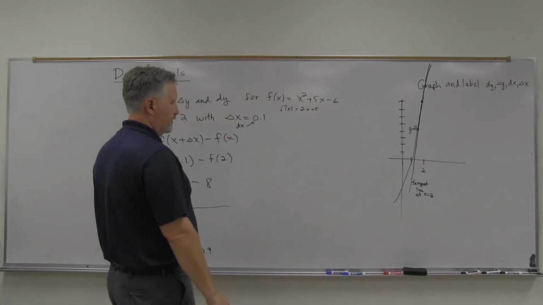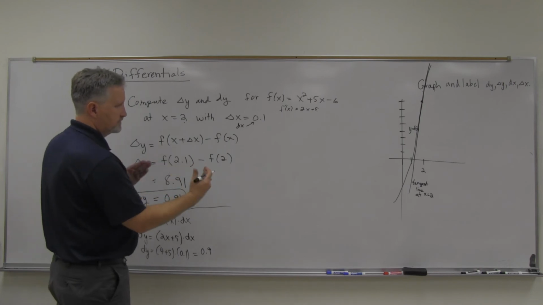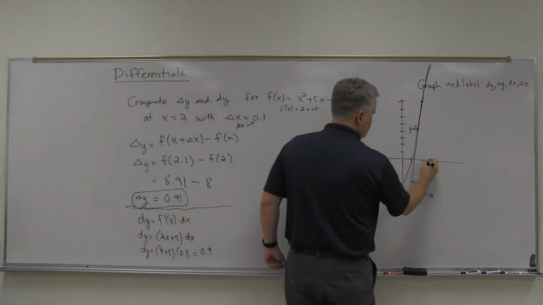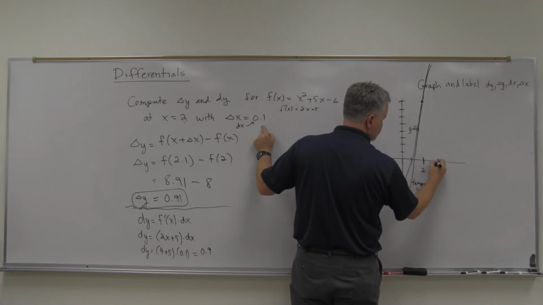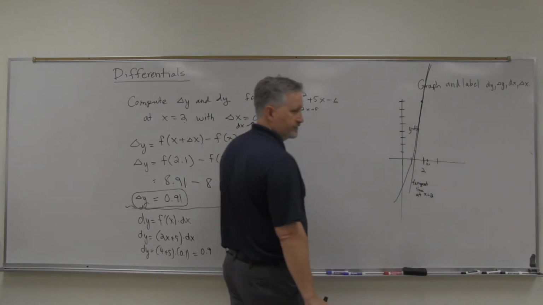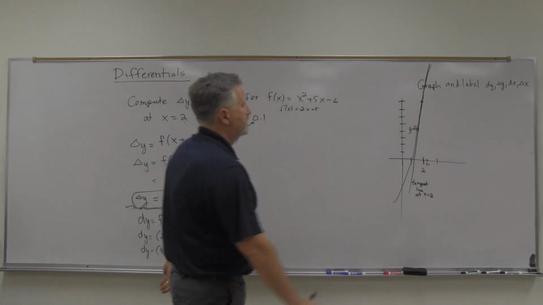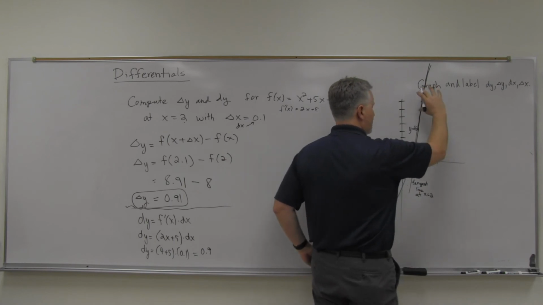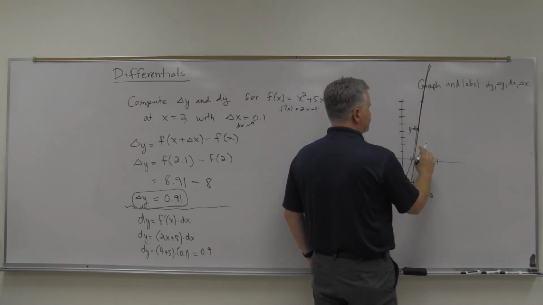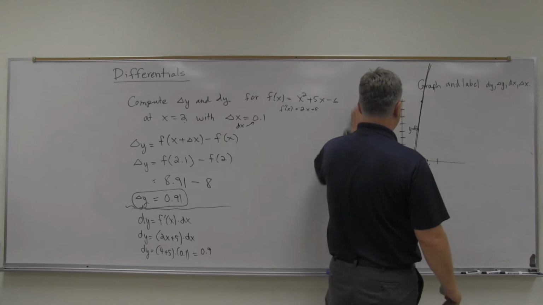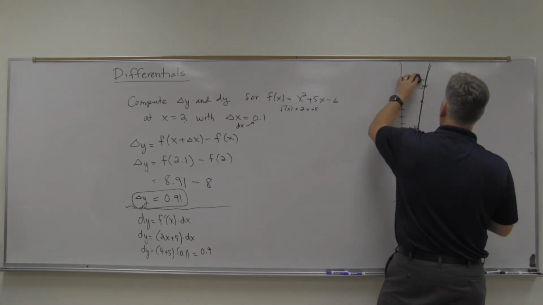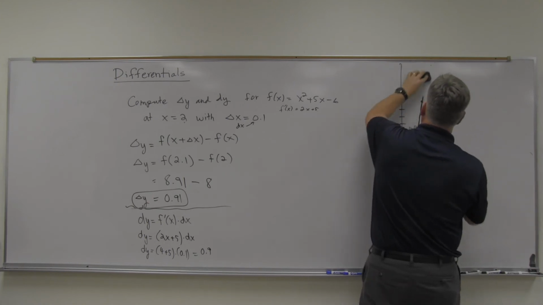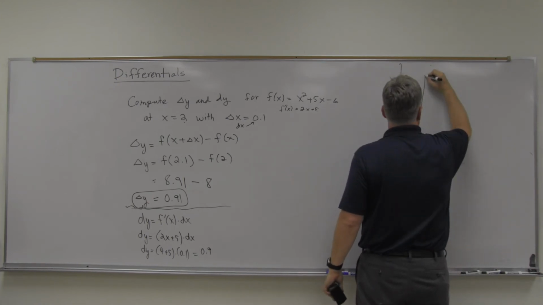So what this is saying, my delta x is 0.1. So if I go out to 0.1, which is not too far out there, so at 2.1, let's get rid of this so I can focus down on this. I made a mess of this one.